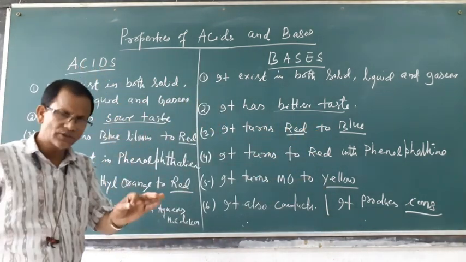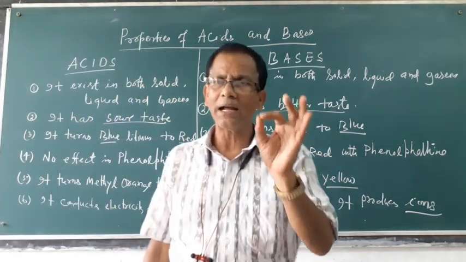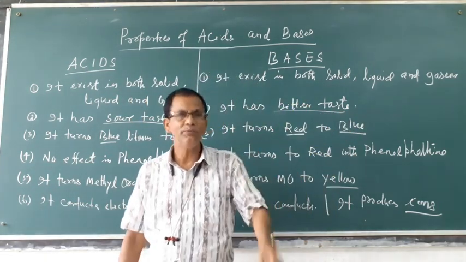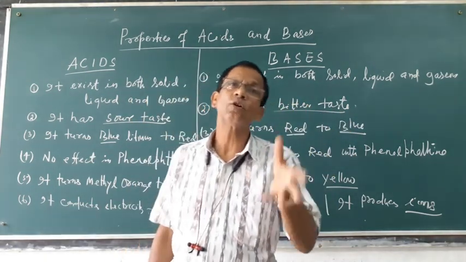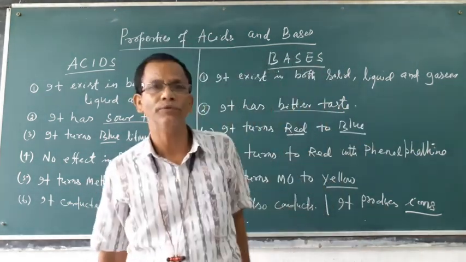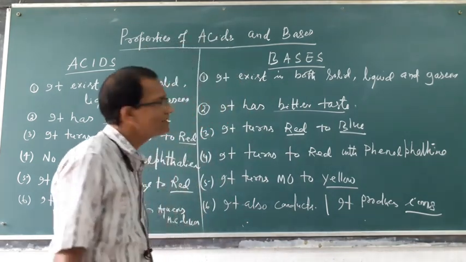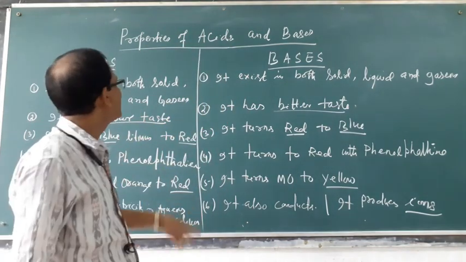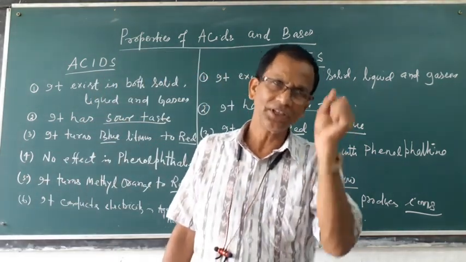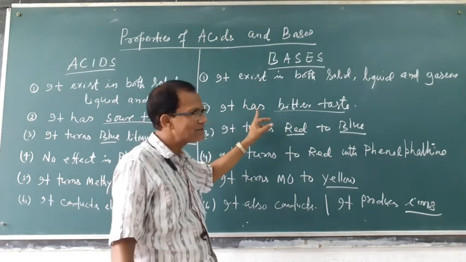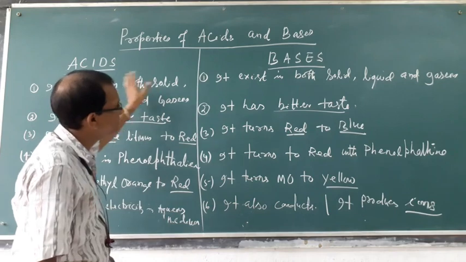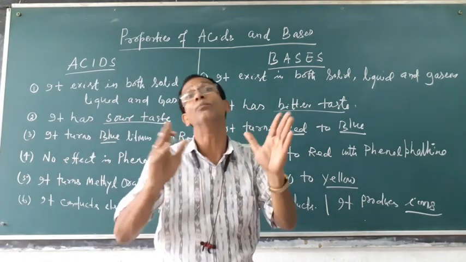So one question should arise in your mind: why are all acids common in behavior? Why are all bases common in behavior? Why do acids differ from bases in behavior? So the important conclusion is that acids have a common composition, and bases have a common composition, and acids and bases differ in composition.